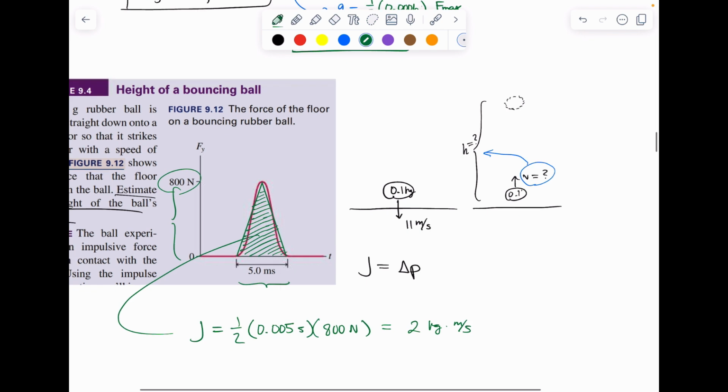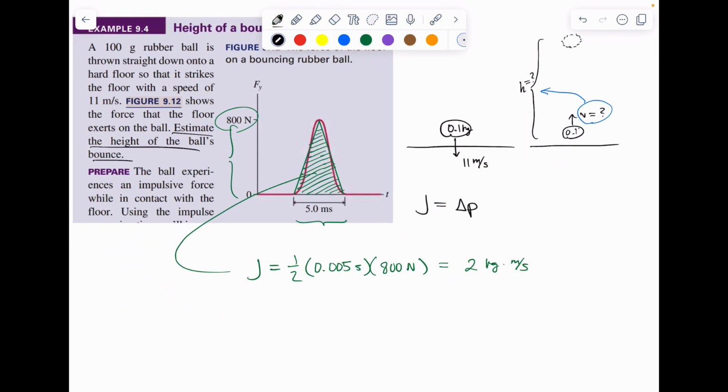Okay, so that's our change in momentum. Remember, change in momentum equals the final momentum minus the initial. This is the next equation that will unlock the velocity, because we have the change in momentum. So that's 2. The final momentum is going to be that mystery velocity times 0.1. So 0.1 times v. And then minus the initial momentum, that's going to be 0.1 times negative 11, because the velocity is going downward.